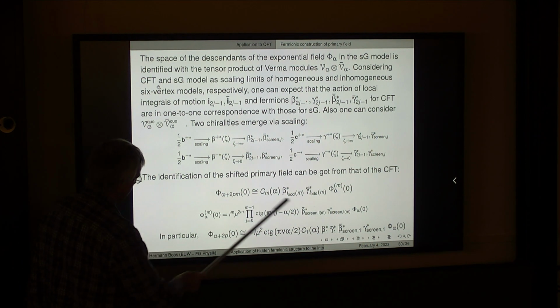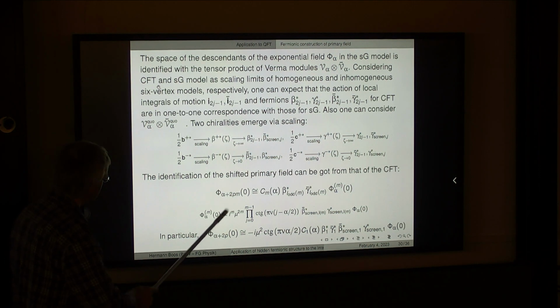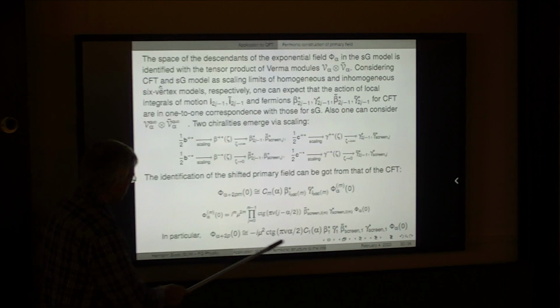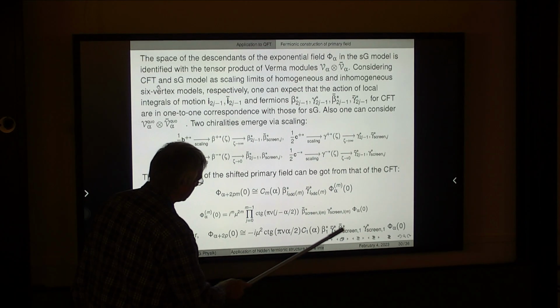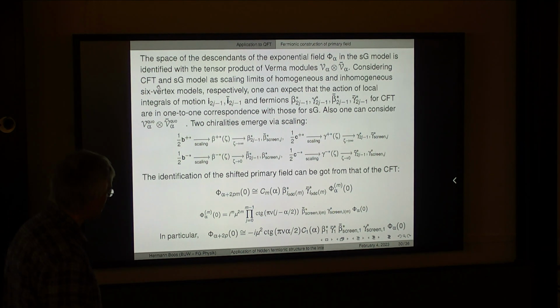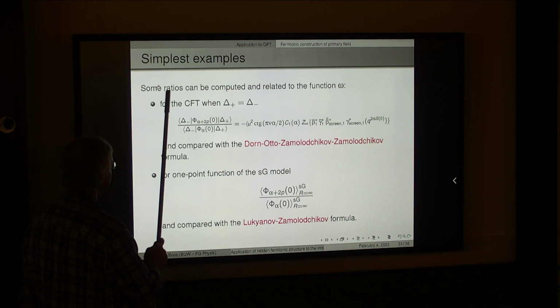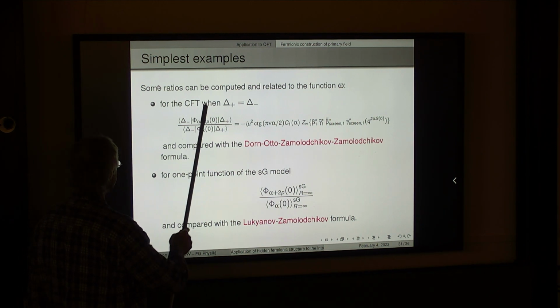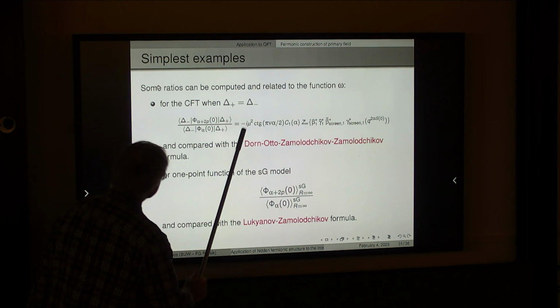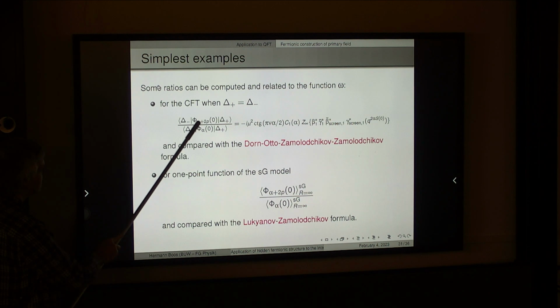If we do it this way, maybe I just show you one simple example when M is 1. In this case, up to some multiplier, you have a product of these four operators acting on this exponential field phi alpha. A simple example would be in the QFT case when delta plus equals delta minus: the ratio of the 3-point function with shifted alpha and unshifted alpha.